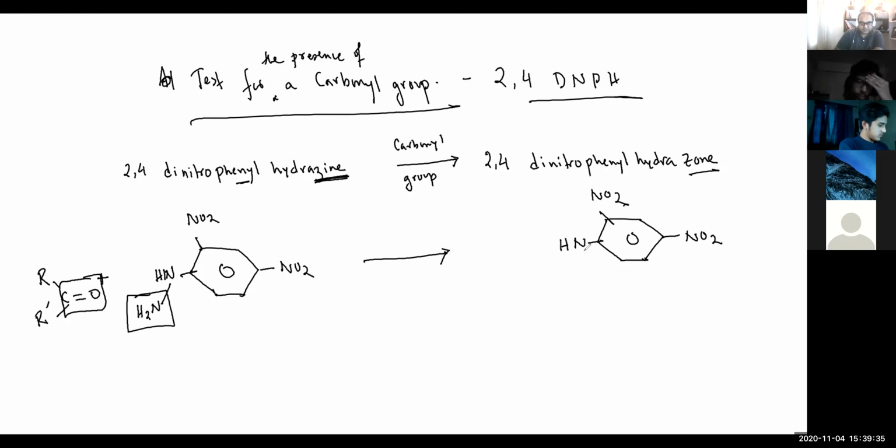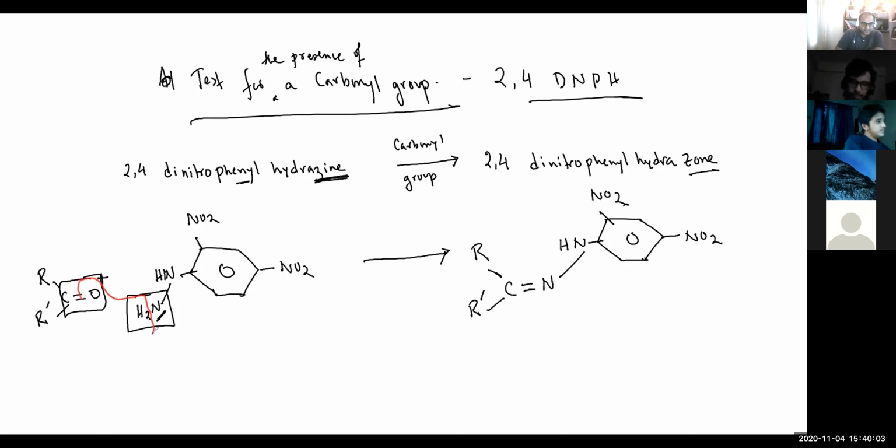NH gets bonded to the N, which is double bonded to the carbon R prime. So what goes away? This H2 and this O goes away. So plus water.